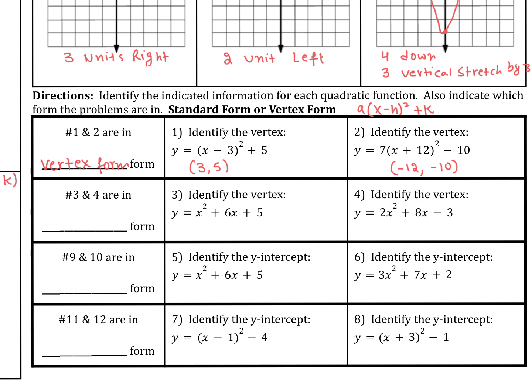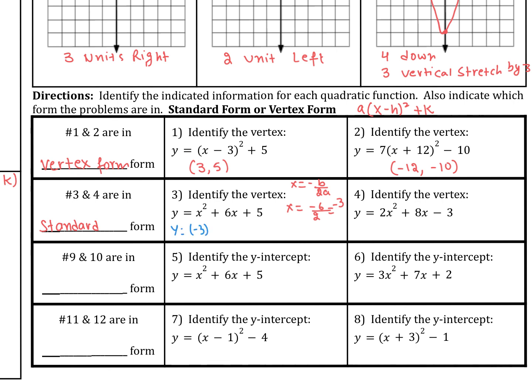For the next one, number 3 and 4, they are in standard form. If it is standard form, then x equals negative b over 2a is how to find the x coordinate. So it's going to be negative b over 2 times 1, and that's negative 3. Once you find the negative 3 for x, you're going to plug it in to find the y.